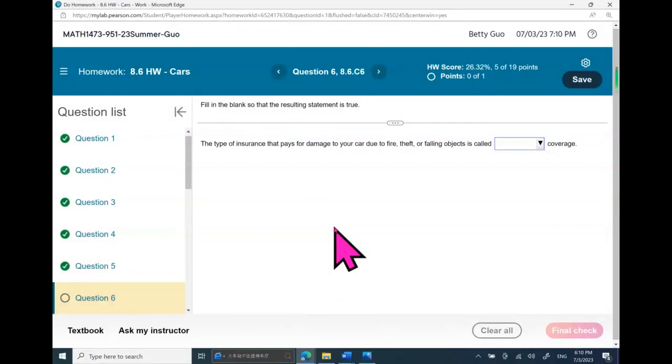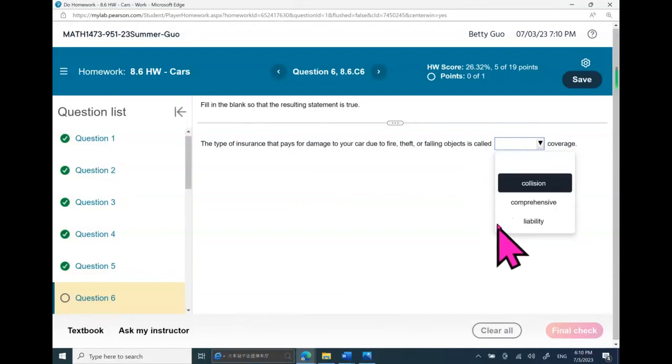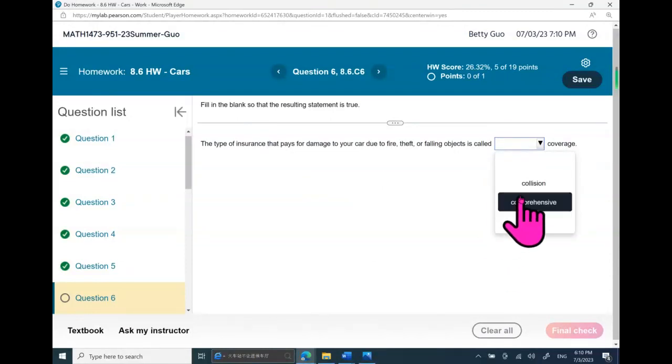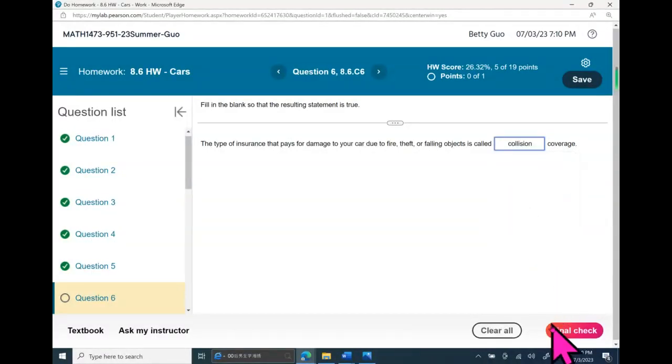Question number 6, fill in the blank. The type of insurance that pays for damage to your car due to fire, theft, or falling objects is called what coverage? Not liability. It is to pay for damage to your car, not the other person's car. Collision. Let's try this one.